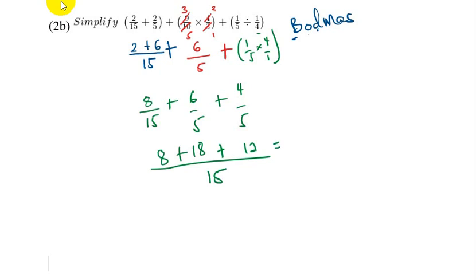So we are going to get 8 plus 18 plus 12 gives me 38 on 15. Now 38 on 15, we cannot do anything to it unless we want to write it as a mixed fraction. But the question does not have a mixed fraction in it, so we can just leave our answer like that.